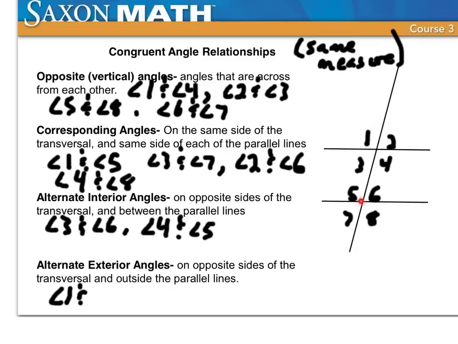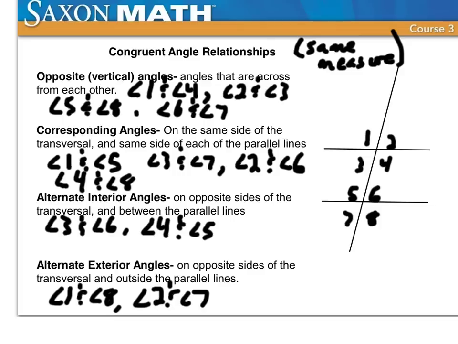So angle 1 and angle 8 are alternate exterior angles, which means that angle 2 and angle 7 are also alternate exterior angles. Angle 2's here on the outside, and so angle 7's on the outside, and they're on opposite sides of the transversal. One on top, one on bottom, one on the left, one on the right.